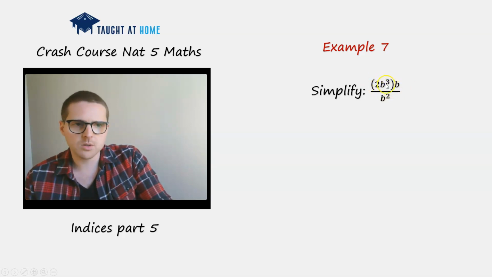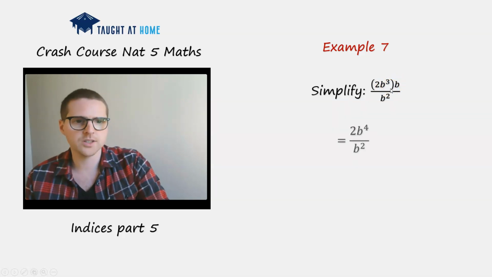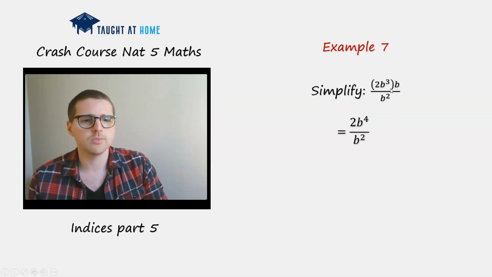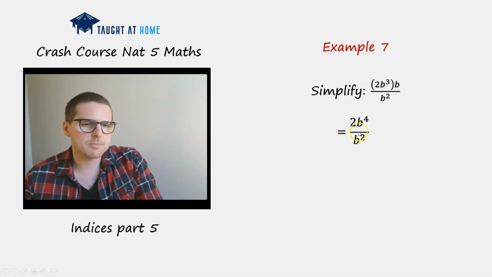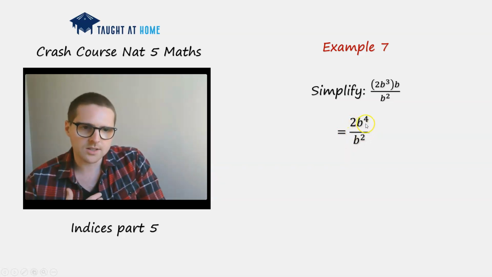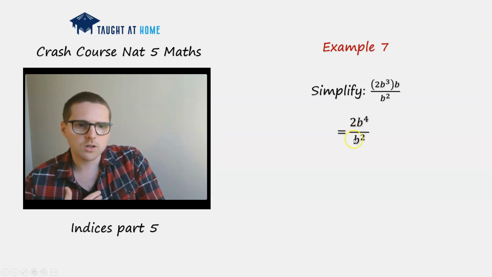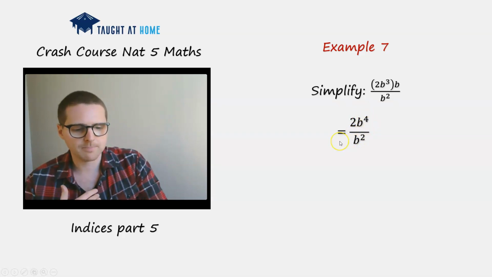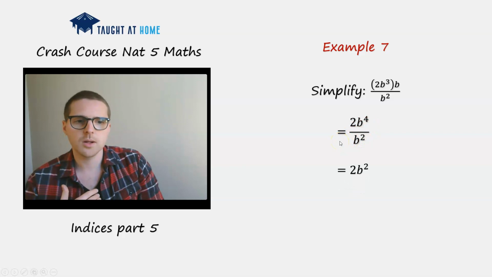So what we're basically doing is multiplying 2b to the power of 3 with b to the power of 1 there. So we're doing b to the power of 3 plus 1. So what we're left with is 2b to the power of 4. And we're still dividing that by b squared. Now we're using the second law of indices. We're taking 2 away from 4, so we're going to have 2b squared.